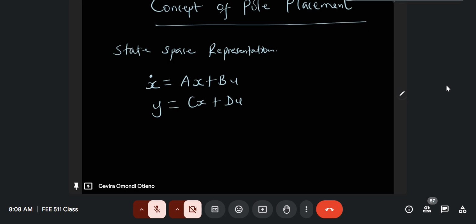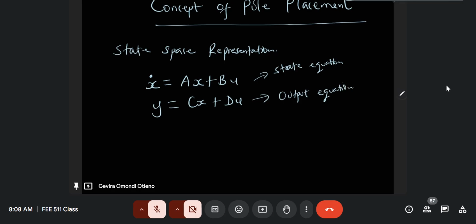Please note that these are matrices for the uppercase and vectors for the lowercase. So these are the 2 equations that usually guide our state space representation. We defined both the matrices and the vectors. I do not want to go into that, but as long as you know that this is our state equation, and then this becomes the output equation.